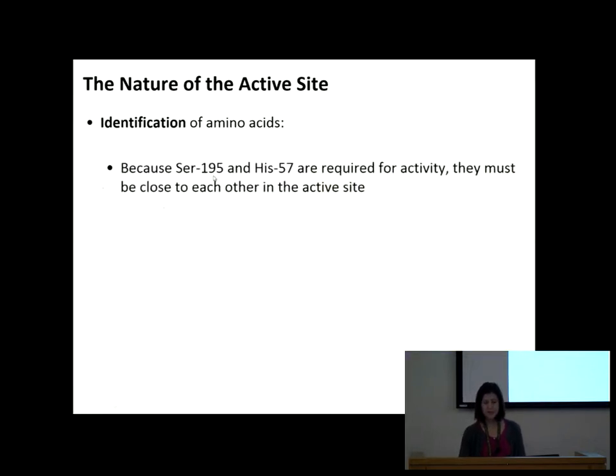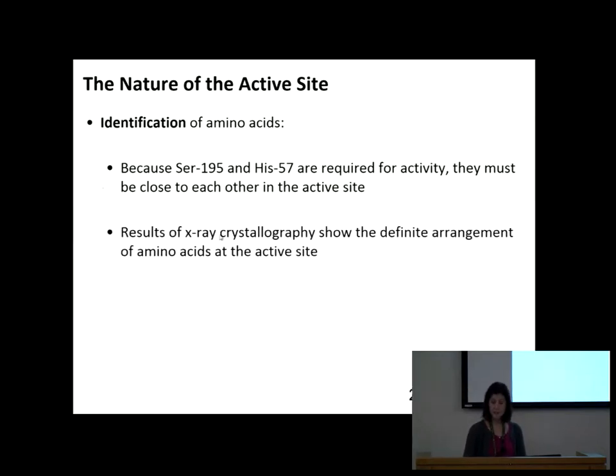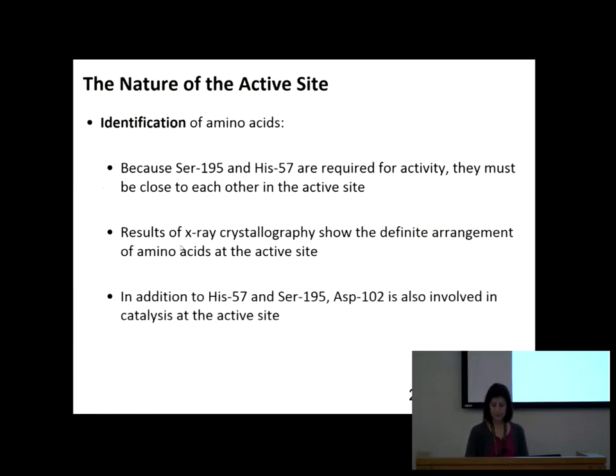So because the serine 195 and histidine 57 are required for activity, put a piece of tape over them, the enzyme doesn't work, then they have to actually be sterically close to each other. In space, they have to be close. And so what they did is some X-ray crystallography, and they showed that they were close to each other.